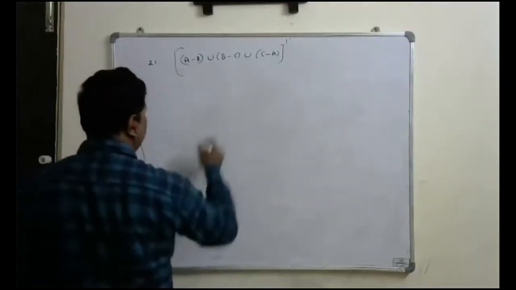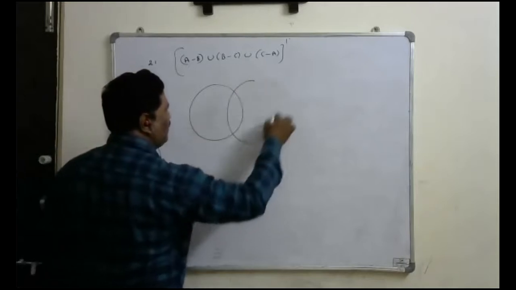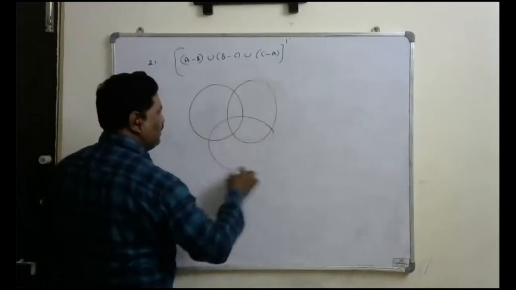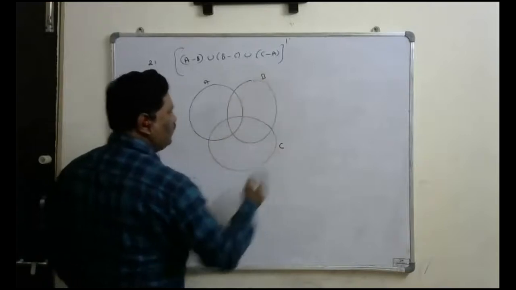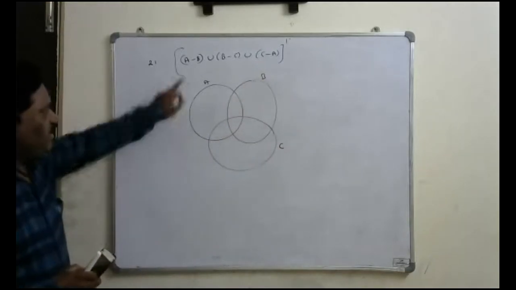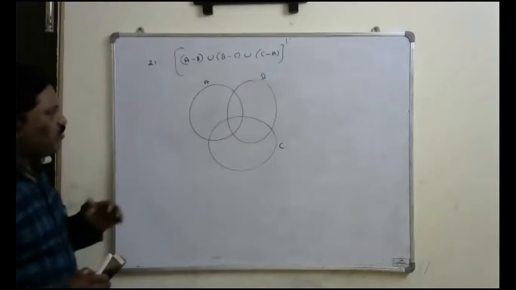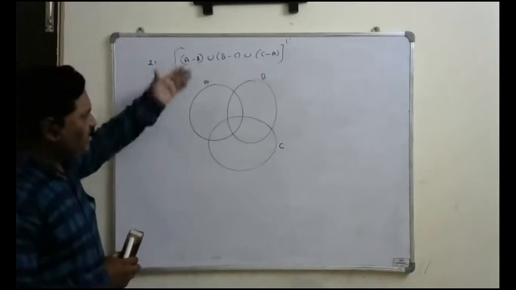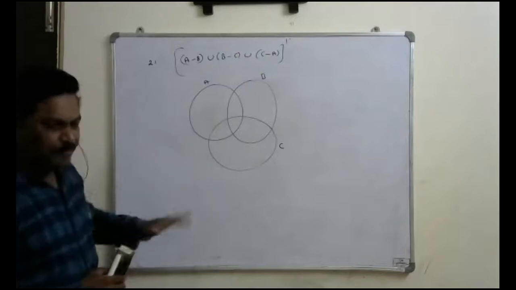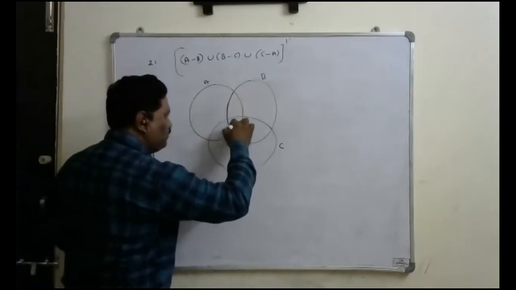Just observe that since there are three sets, this is set A, this is set B and this is set C. First it is representing A minus B. A minus B means that is the area available in A only but not in B. Some area may be available in C also but not in B. That's why from this entire A part, subtract this B part.